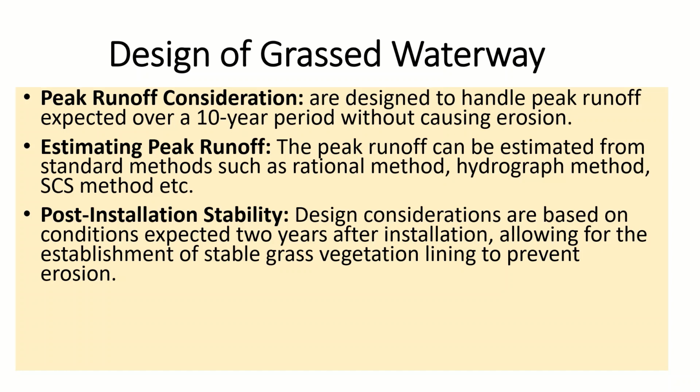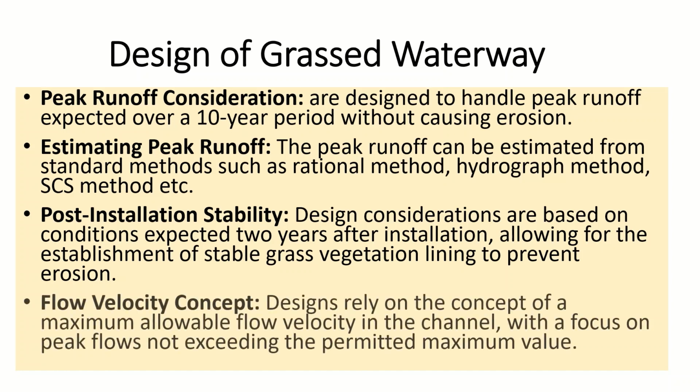Post installation stability: design considerations are based on conditions which are expected 2 years after installation. So it allows for establishment of a stable grass vegetation lining so that erosion can be prevented. So design also relies on the concept of maximum allowable flow velocity in the channel.